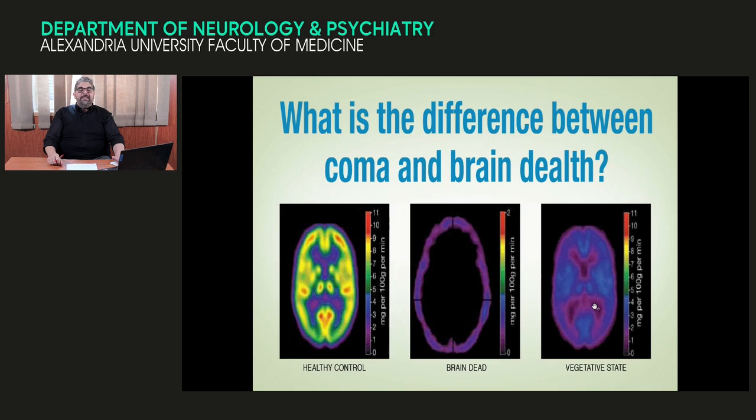This is the state with impairment in metabolism, but the brain is still perfused, though to a lesser extent than normal. But this is the state of brain death, in which there is no blood flow or perfusion whatsoever. This is the diagnostic picture of brain death.